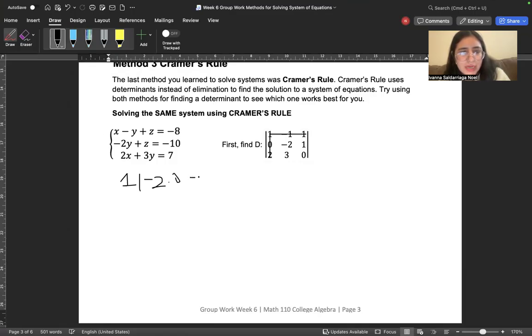0 minus 3 times 1. And then minus 0, because anything multiplied by 0 is 0, so I'm not gonna put the formula.